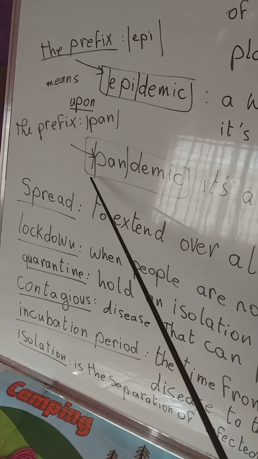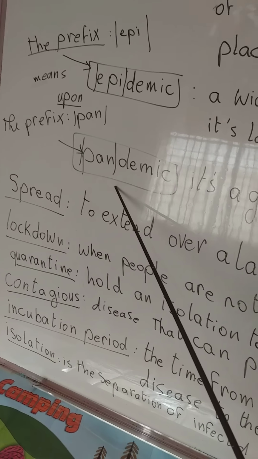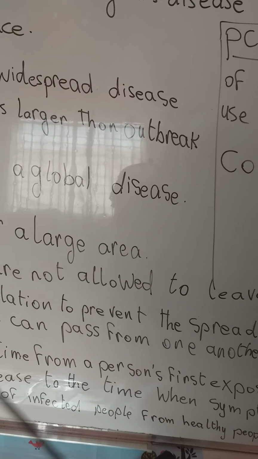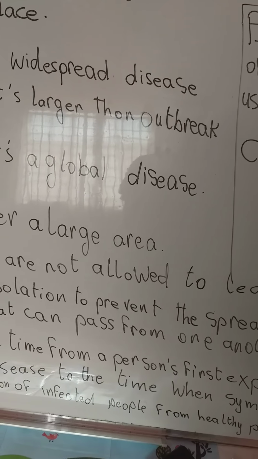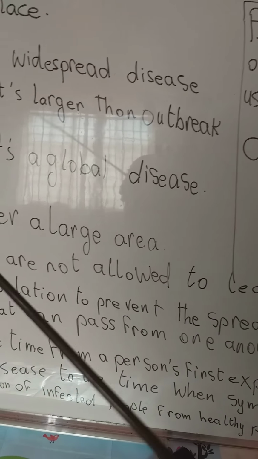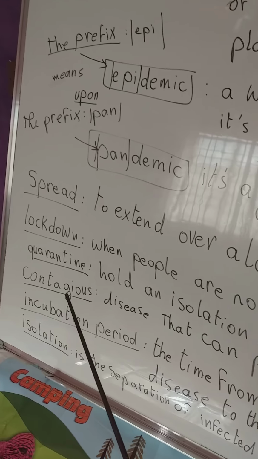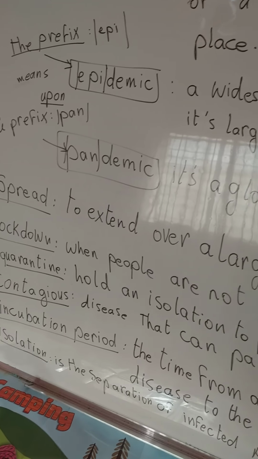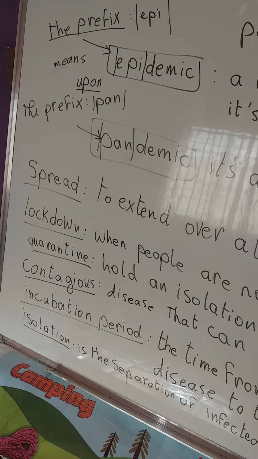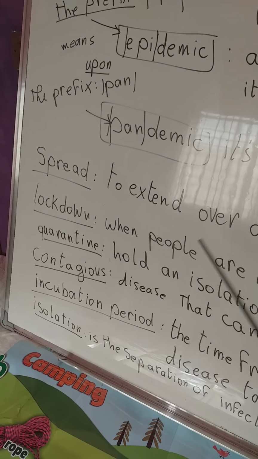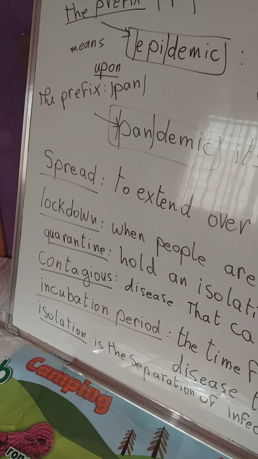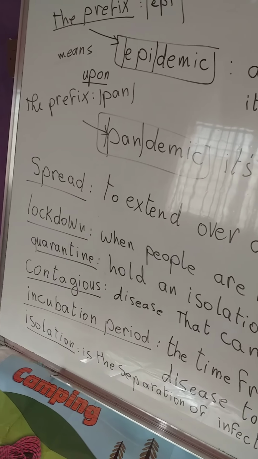Pandemic. Here, the prefix pan. It's a global disease. That means the number of cases continues to rise around the world. Spread. To extend over a large area. COVID-19 or the coronavirus is spreading from one person to another. Lockdown.